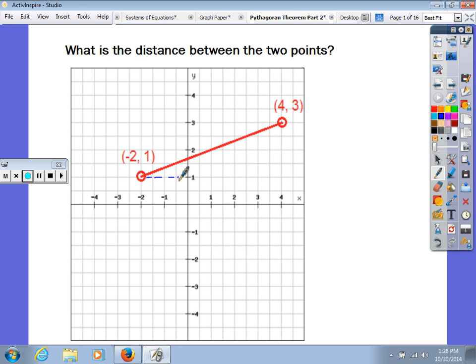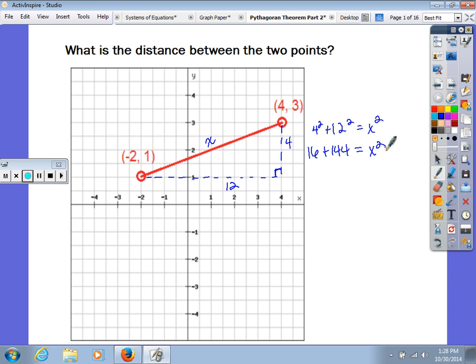So I go over 1, 2, 3, 4, 5, 6, 7, 8, 9, 10, 11, 12. I go over 12. And then I go up 1, 2, 3, 4 units. This is your x. There's your right triangle because it makes a perpendicular line. So you would have 4 squared plus 12 squared should equal x squared. So 16 plus 144 should equal x squared.